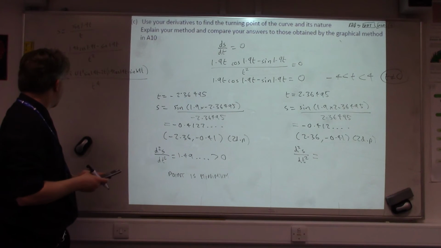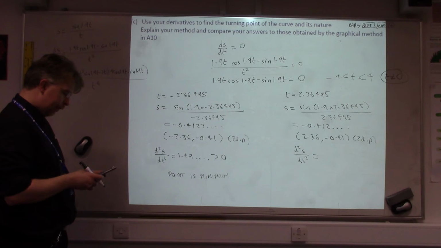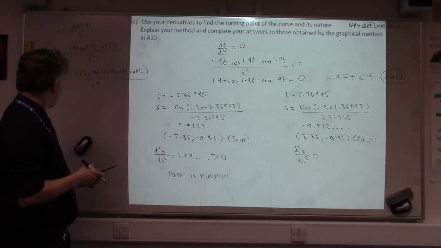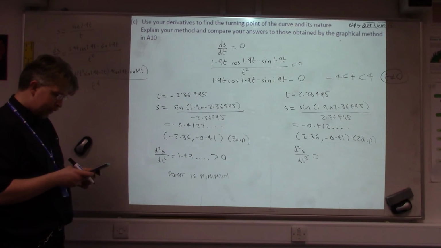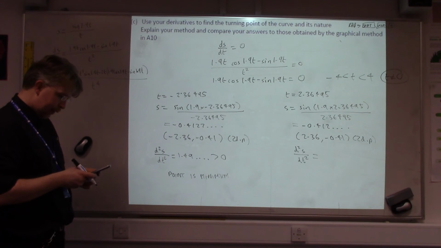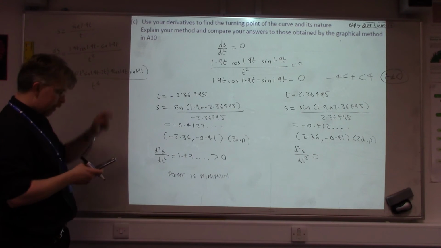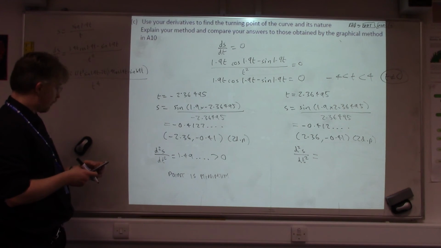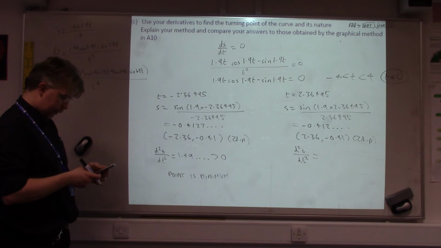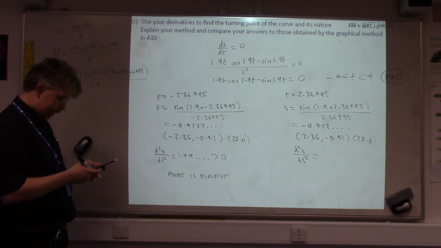Minus 3.61 times 2.36495 to the power 3 times sine of 1.9 times 2.36495, minus 2 times 2.36495, open bracket, 1.9 times 2.36495 cos 1.9 times 2.36495, close bracket, minus sine 1.9 times 2.36495, close bracket, close bracket.